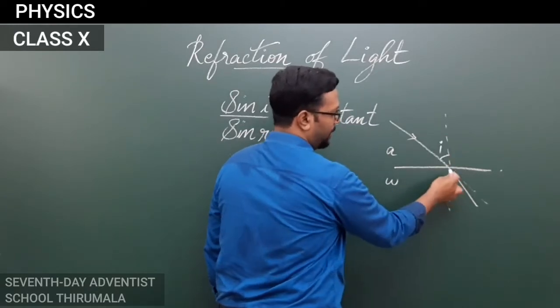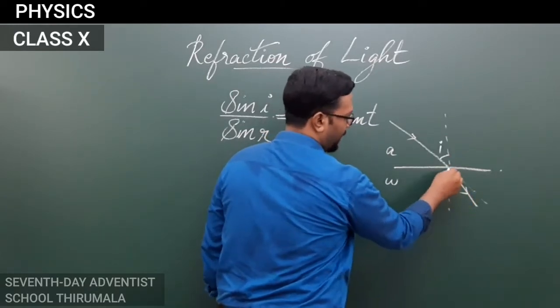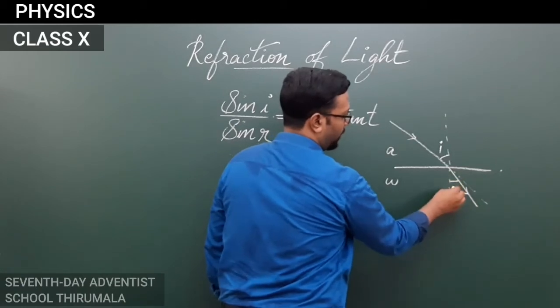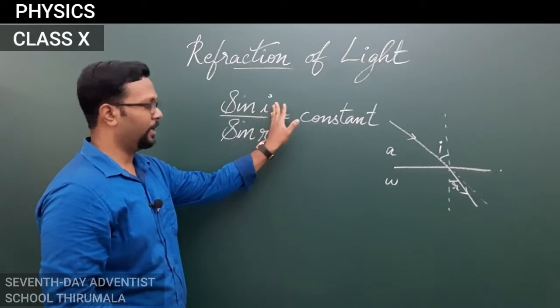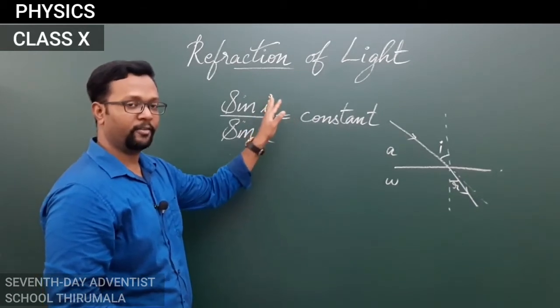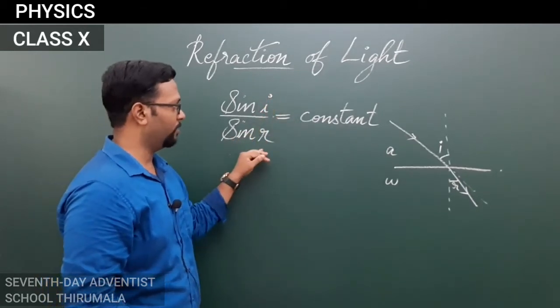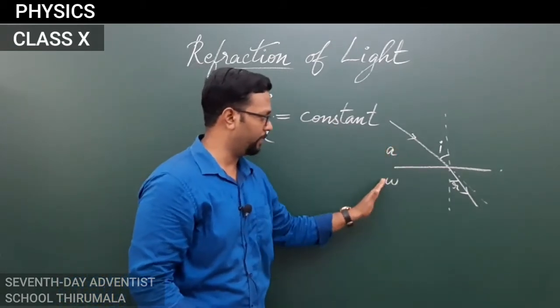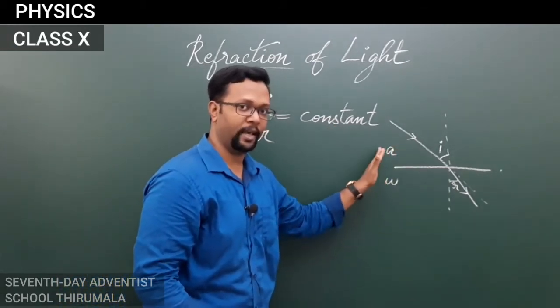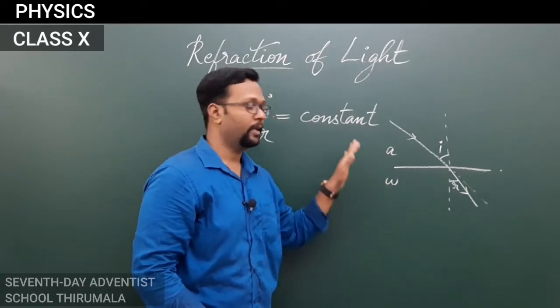The angle between the refracted ray and the normal is called angle of refraction. And if you divide sine of angle of incidence by sine of angle of refraction, we will get a constant for this pair of media. This pair of media means air and water.